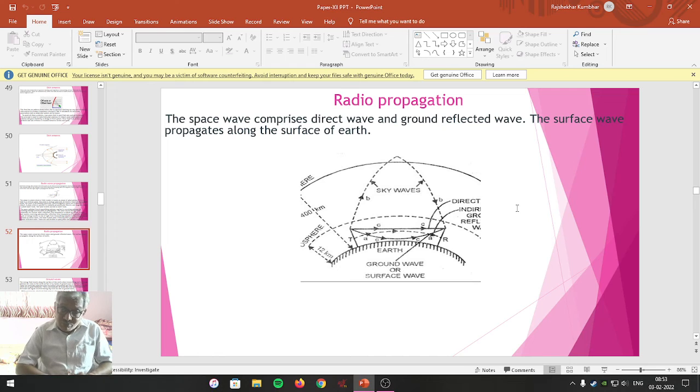The propagation also depends upon time schedule, day to day, season to season, the condition of the atmosphere, the condition of the space. All these factors are going to affect the entire radio propagation. Even so, the communication is taking place.